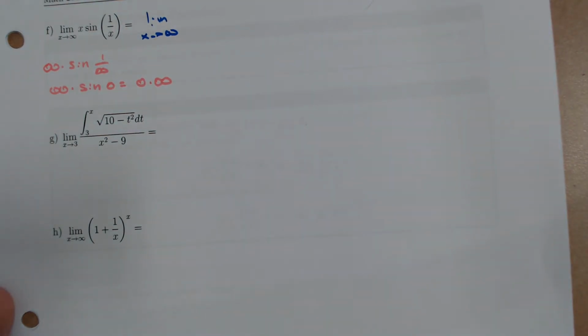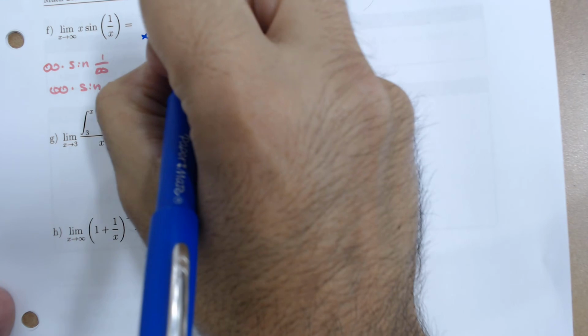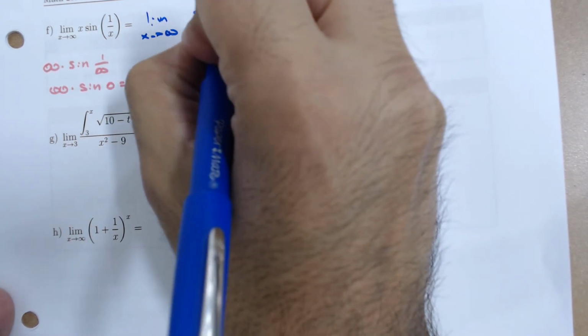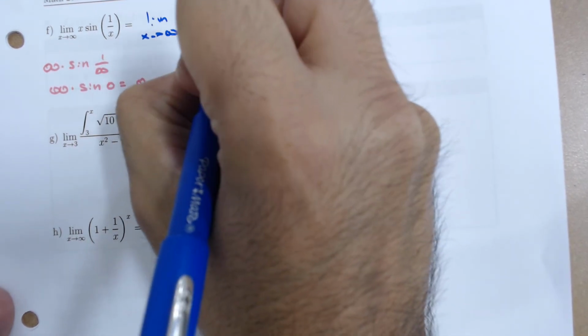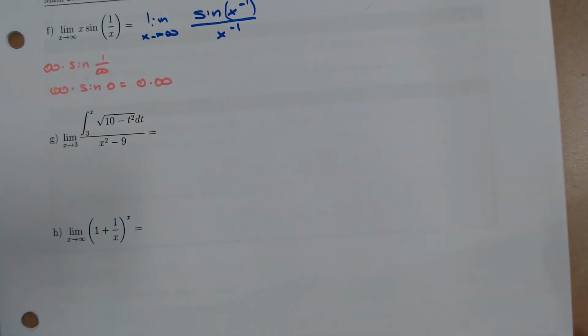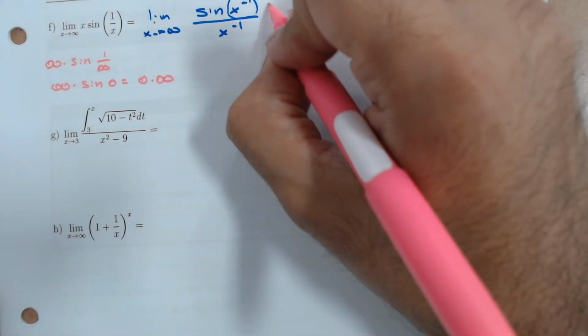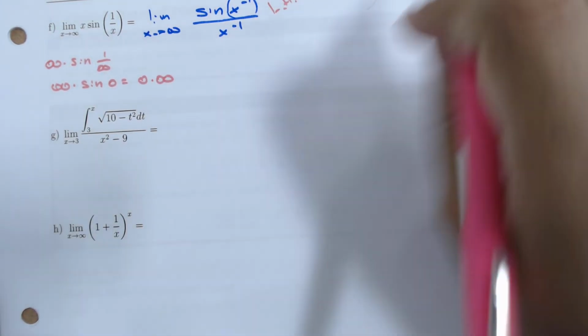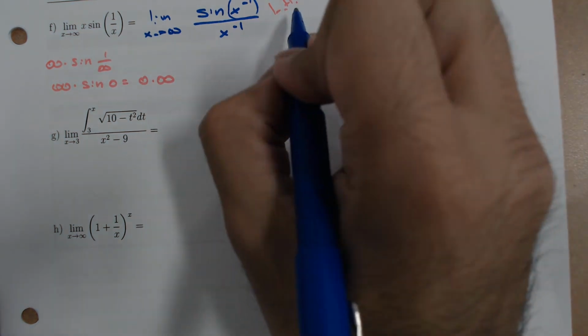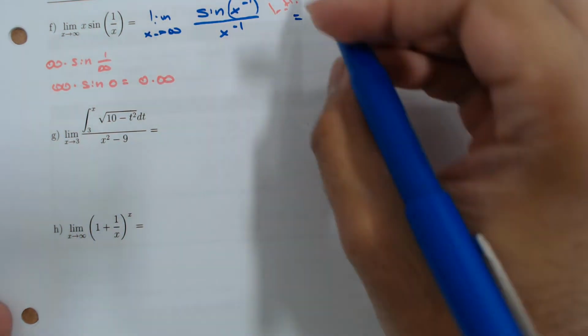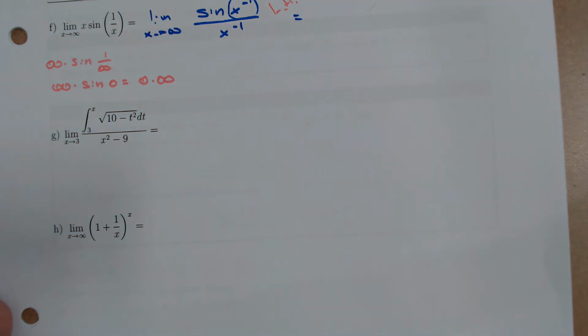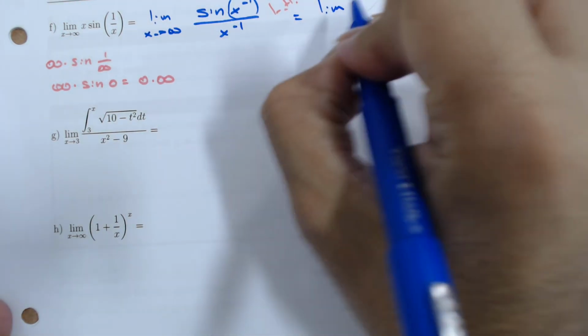And at the same time, we're going to move this x in the denominator of the sine function with a negative exponent. So now it looks like a quotient to me. So we're clear to do the L'Hopital's rule. All right. And what's the derivative of sine in this case again?